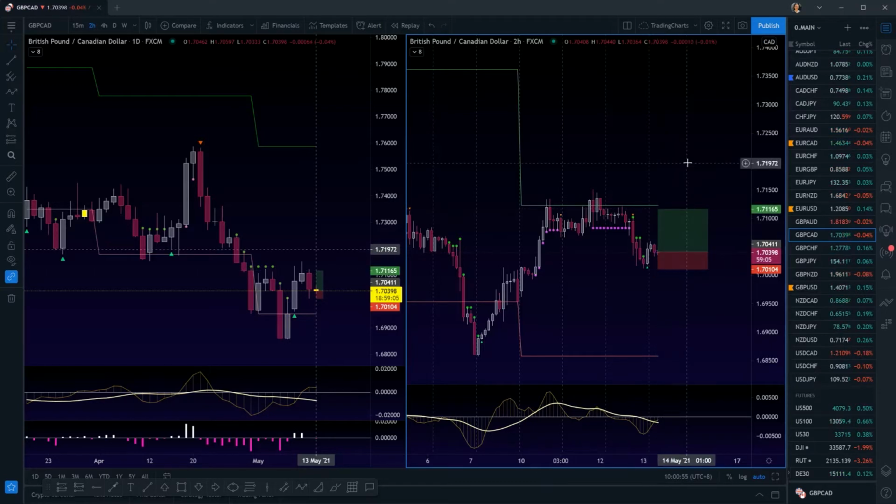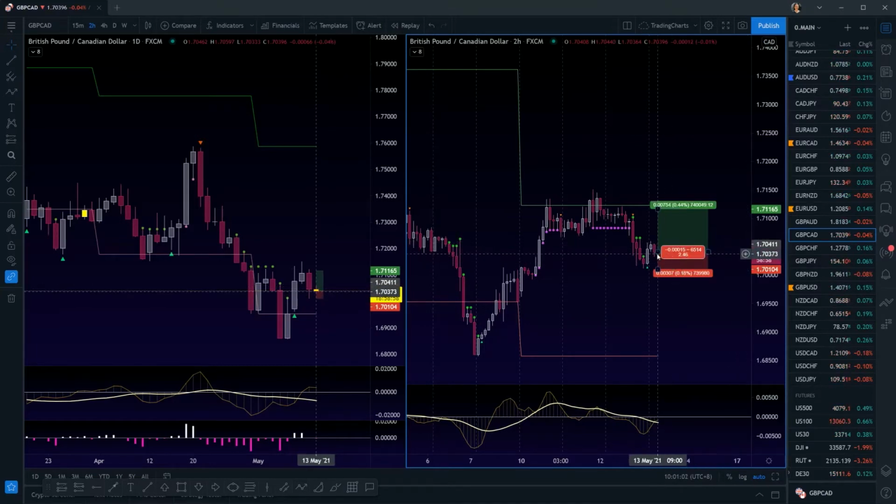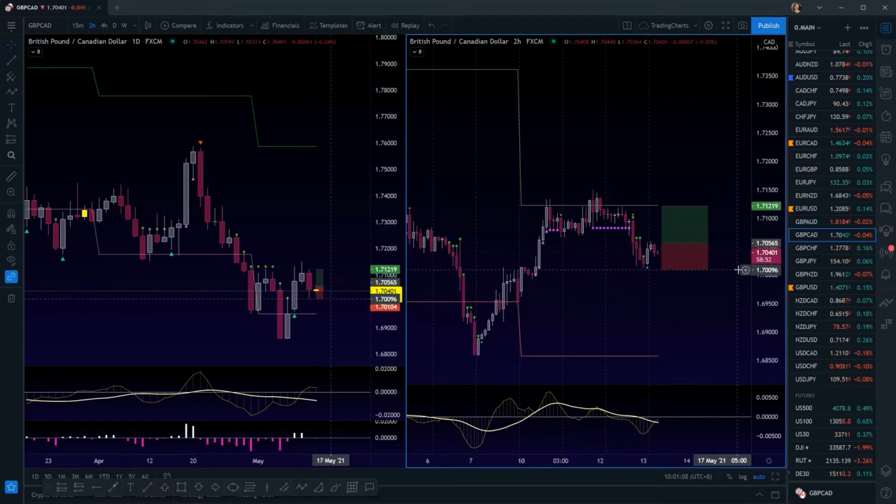I mean, there is some decent RR in here. Even if we take it right here, it's still about 1.4 R. So okay, let's just set an alert here and see what happens, and we can check back as well.